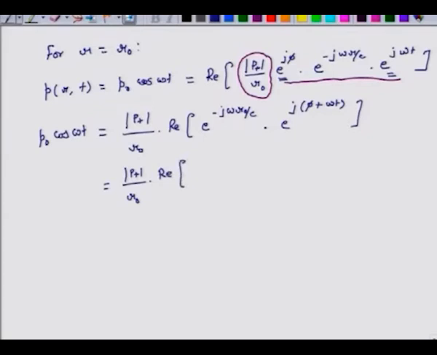Moving further, what I get is amplitude of P plus divided by r naught times real of, now e to the power of minus j omega r naught over c can be expressed in trigonometric terms as a cosine part, and it also has a sinusoidal part.